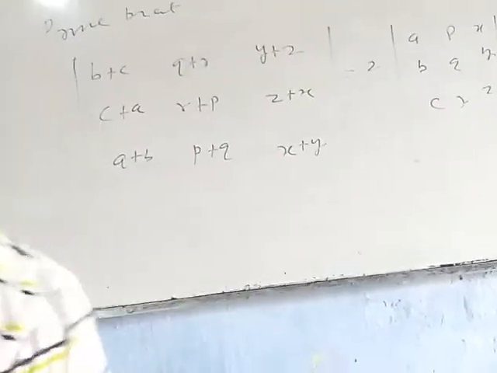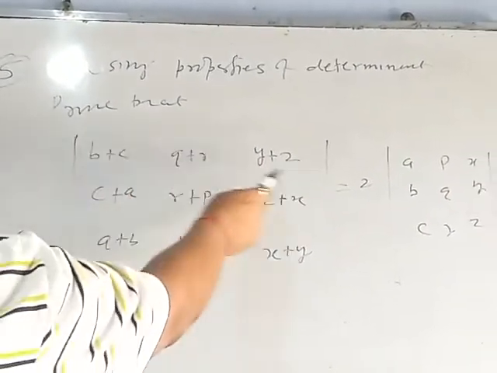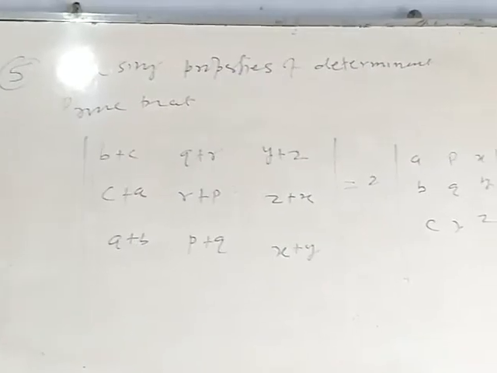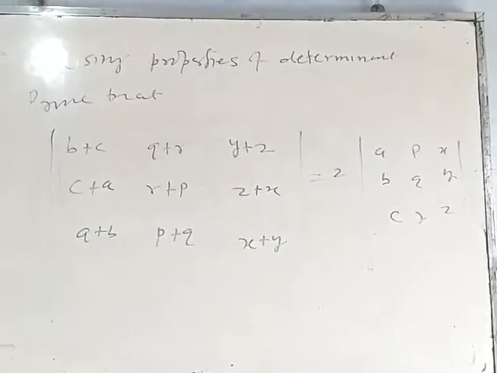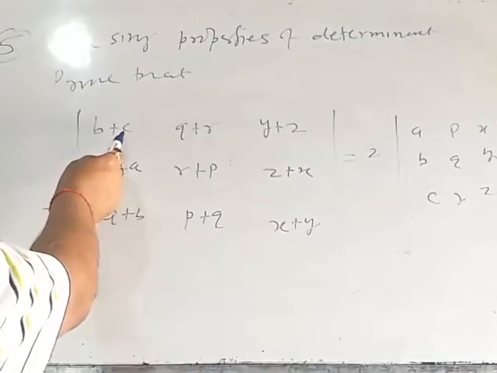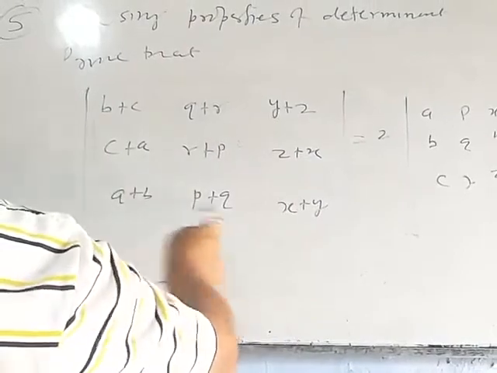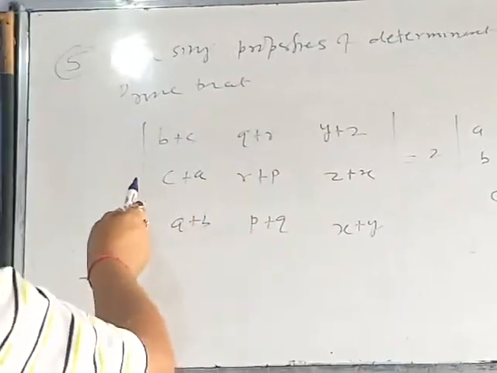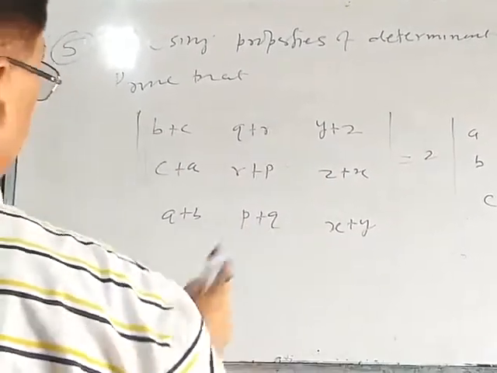So you do one thing, in the LHS, here are C1, C2, C3. So we can change R1, R2, R3. So R1 is changed into R1 plus R2 plus R3.